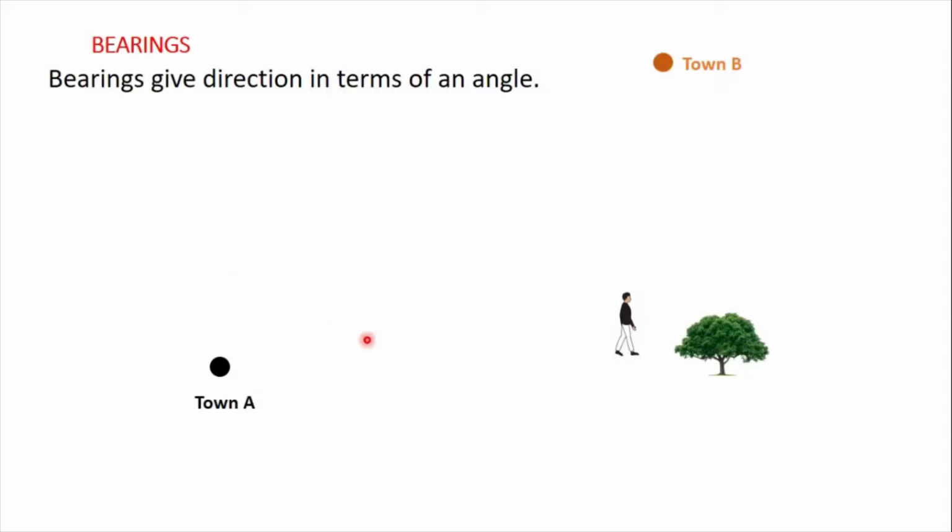So he will walk straight to the tree here. Then when he gets to the tree, you will tell him to turn left and walk straight. He will be able to get to town B. So he will turn left and walk straight to town B. So you have been able to give Mr. Kofi direction from town A to town B. These are the directions that we give to people in our everyday lives.